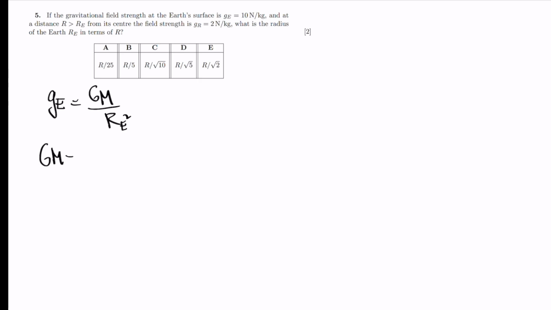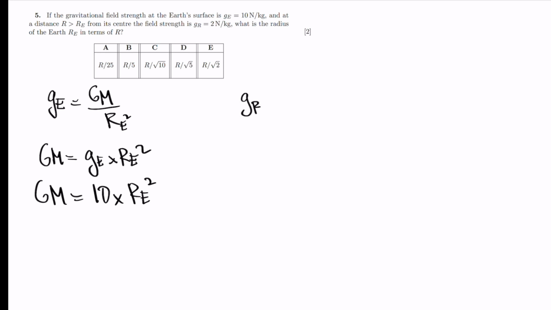So GM will be equal to g_e multiplied by r_e squared. GM will just be equal to 10 multiplied by r_e squared, like this. Okay, so now we've got a factor of GM. So what we're going to get now is g at r. The same equation also applies for g at r, so that's going to be GM over r squared, its magnitude at least.